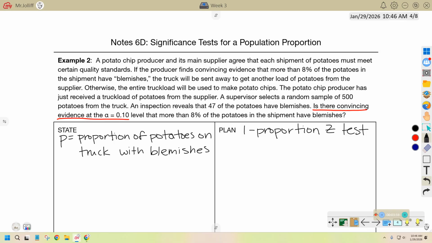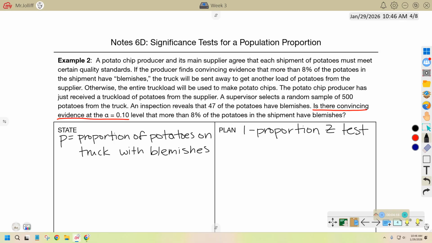It's important to mention truck here because the entire truck of potatoes is the population of interest. We then draw a sample from that single truckload. So far, so good.